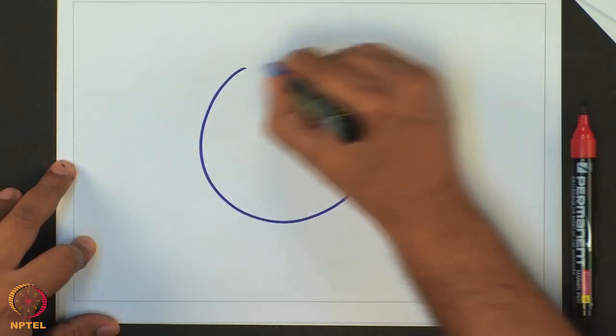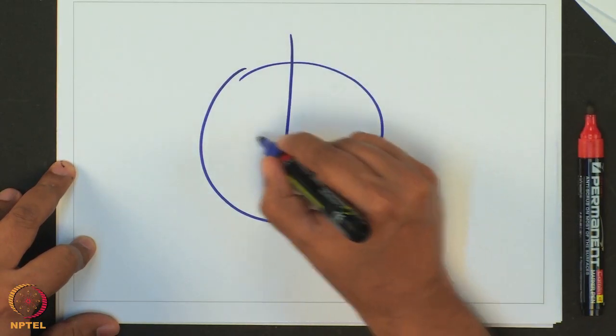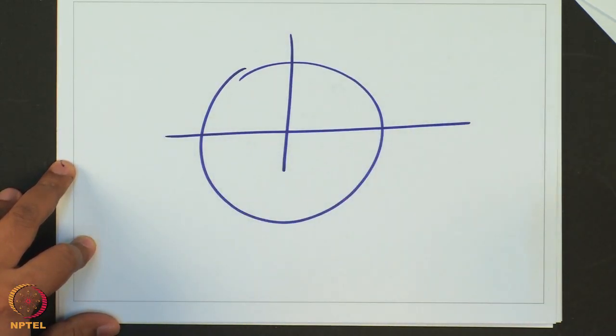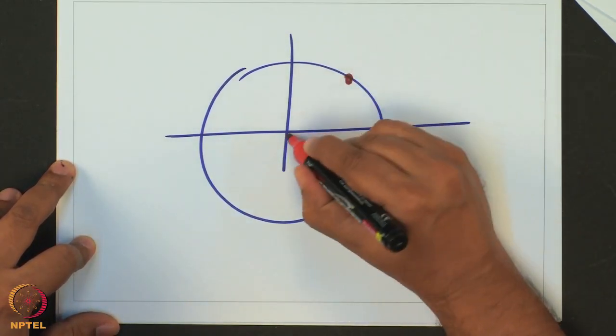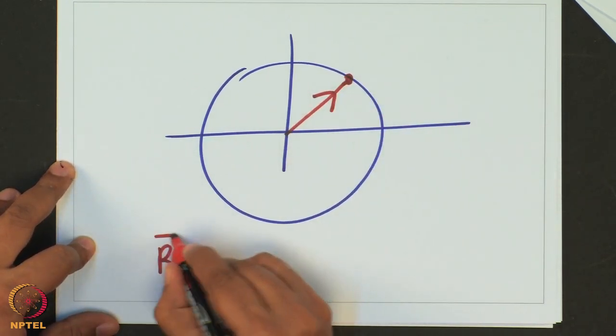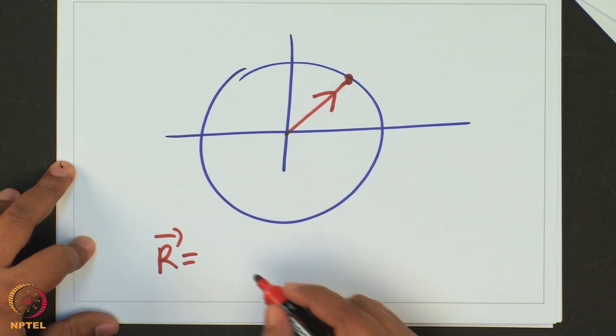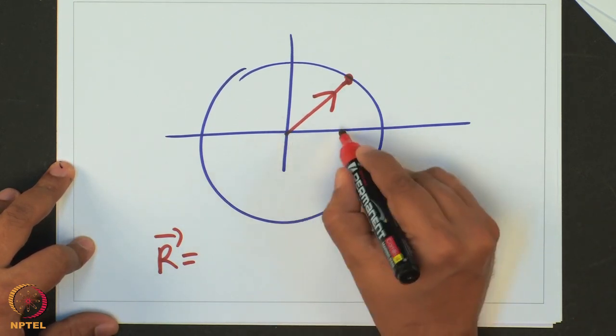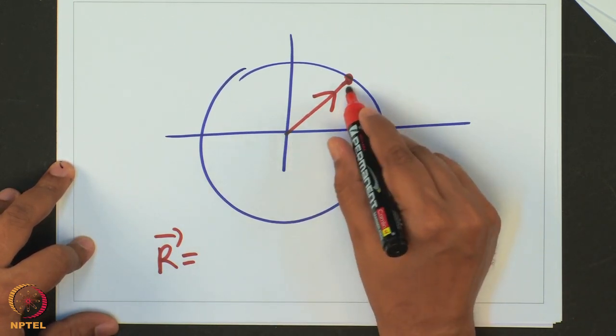To do that, let us go back to our example of a point on a circle. If you have a point on a circle, this is the point and this is the vector r. This vector r can be written as this x and this y.